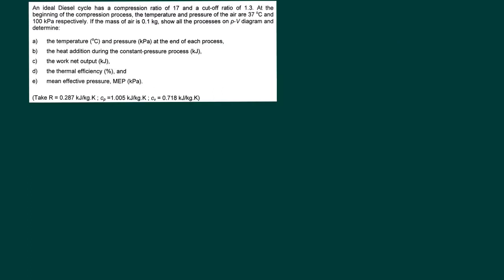So first, let's plot the PV diagram of this diesel cycle. You have pressure versus volume here, and because this is a diesel cycle, you are going to have heat addition at constant pressure, and your exhaust gas will be at constant volume.